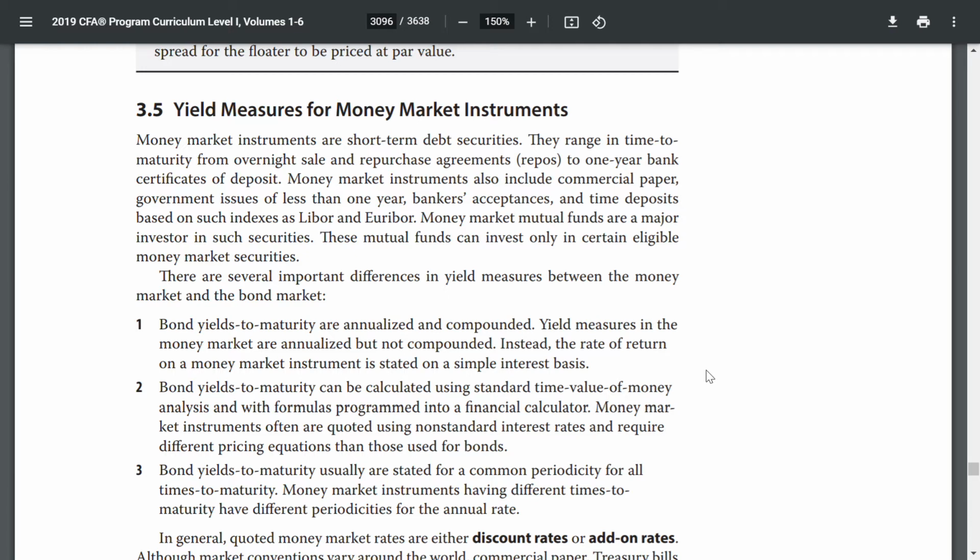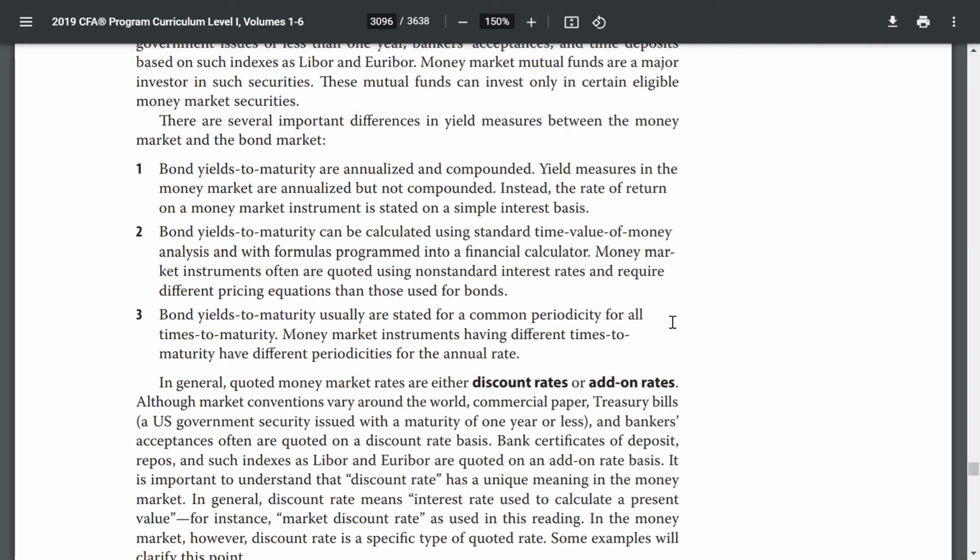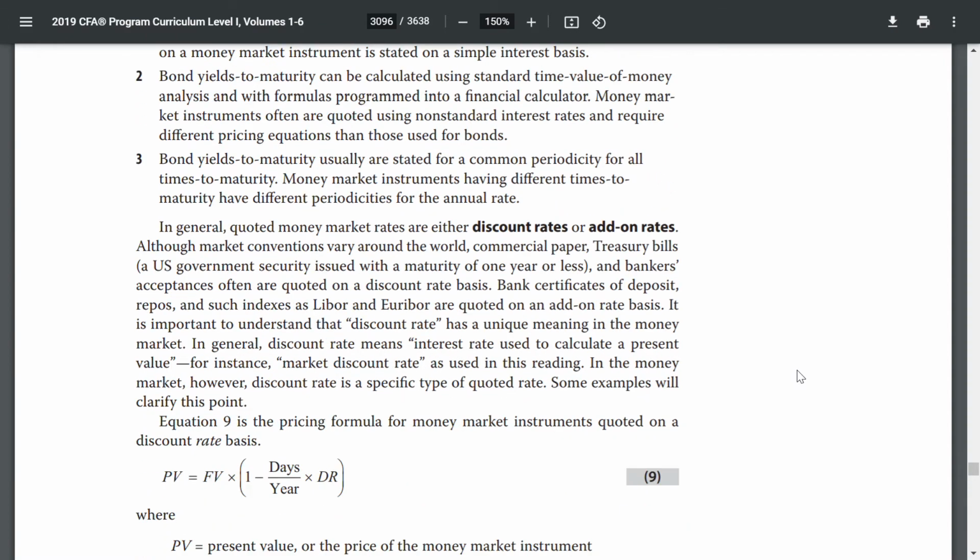Bond yields to maturity can be calculated using standard time value of money analysis and with formulas programmed into the financial calculator. Money market instruments often are quoted using non-standard interest rates and require different pricing equations than those used for bonds.